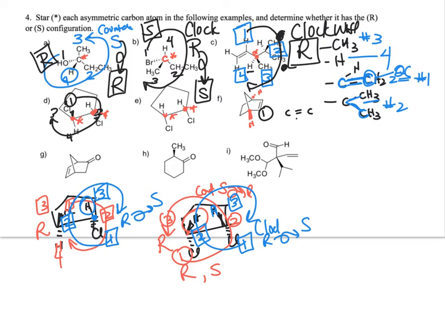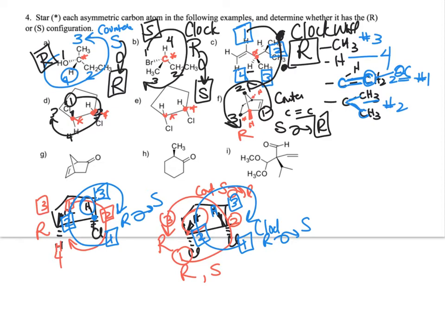So that carbon is bonded to 2 carbons. This carbon is 1 carbon, that's a methylene. So then this would be number 2 because when you come down here, you see that carbon is bonded to 2 other carbons, and this one is only bonded to 1. So 1, 2, put a 3 there, and then connect 1, 2, 3, and that's counterclockwise. So that would be S, but the hydrogen's coming at you, so then we call that R. So the first one here is R.